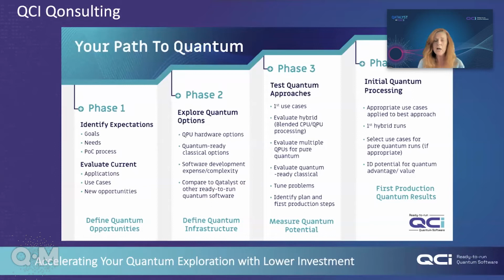And today, QCI consultants leverage the power of Catalyst to take customers through this while accelerating their quantum exploration with a much lower investment. We help them with things like identifying the best possible quantum applications, prioritizing them, identifying the variety of QPUs that they need to test. We then model those problems, optimize those problems, and test them across a variety of QPUs in hybrid, in quantum ready classical, as well as pure quantum.